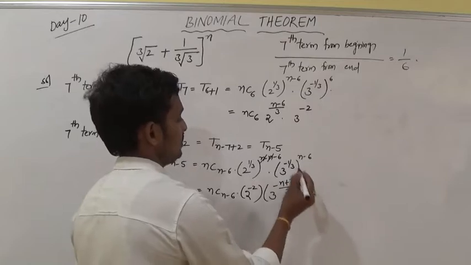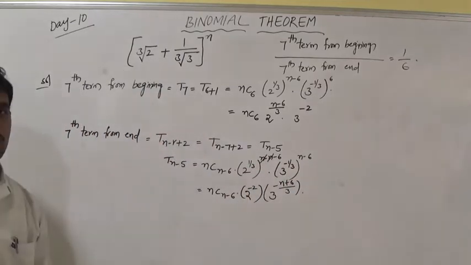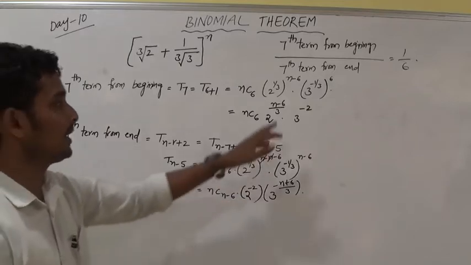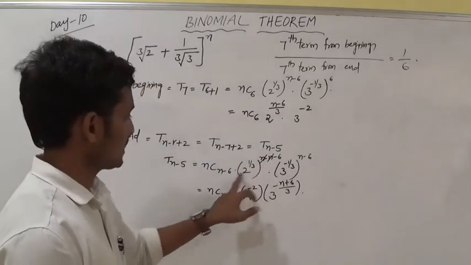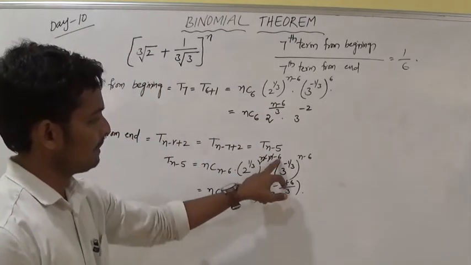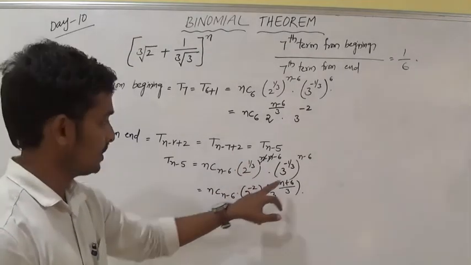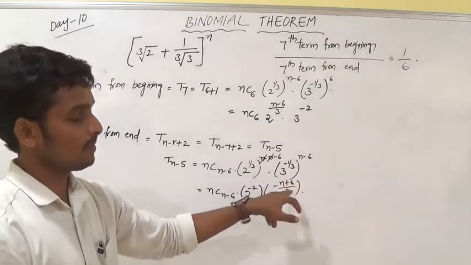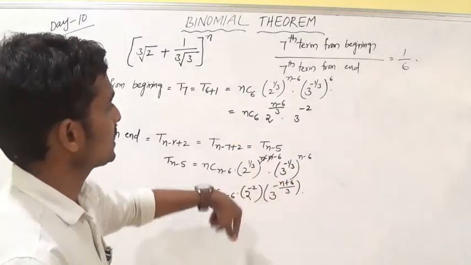Once observe this step. We can divide both. Here n minus 6, n cannot cancel, minus 6 by 3 is 2 power minus 2, and 3 power minus n plus 6 by 3. So the ratio is 1 by 6.